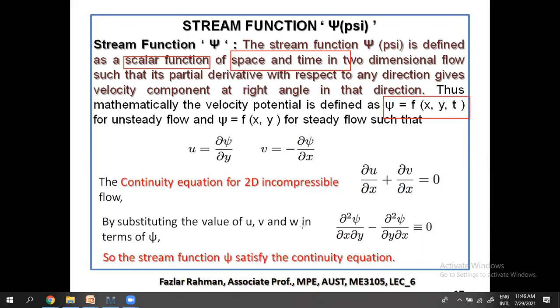So that means the stream function will be a function of either x, y, and t, or y, z, t, or x, z, t. And if it's steady, then it will be a function of x, y only. That's why it says the stream function is defined as a scalar function of space and time in two-dimensional flow, not three-dimensional flow.